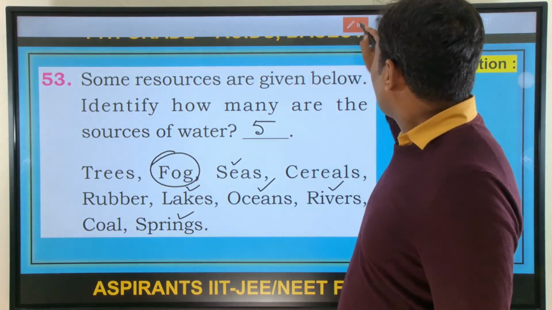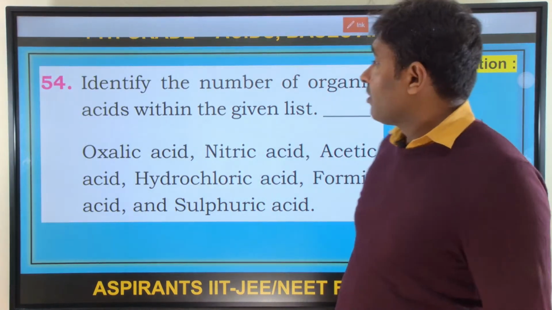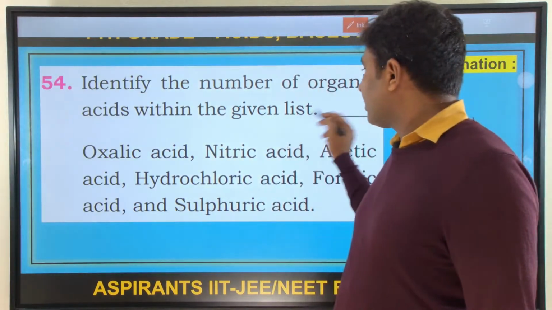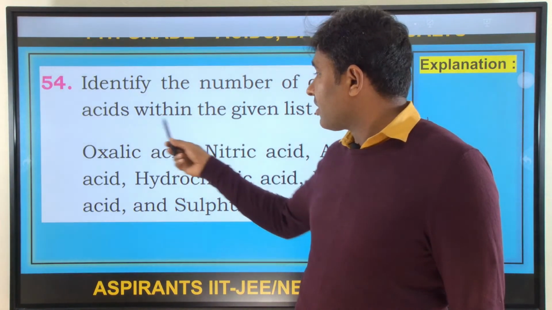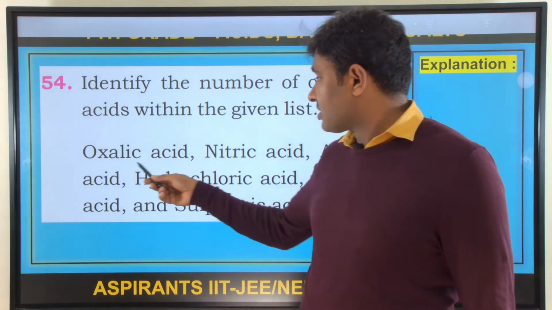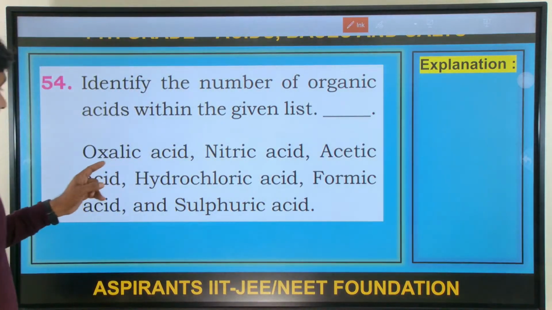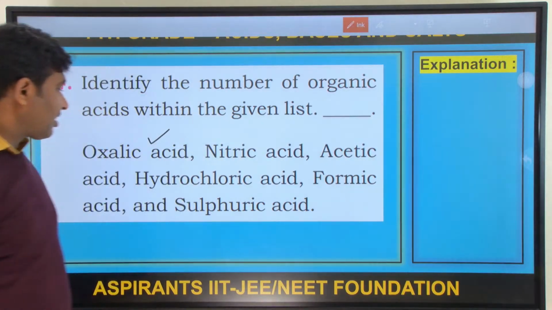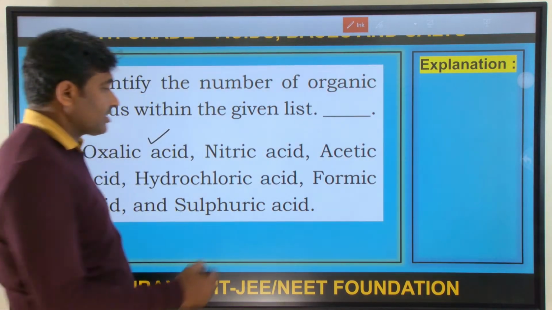Okay, now we go to the next question. Identify the number of organic acids within the given list. Oxalic acid is an organic acid. It occurs in tomatoes. It is a natural, mild acid.